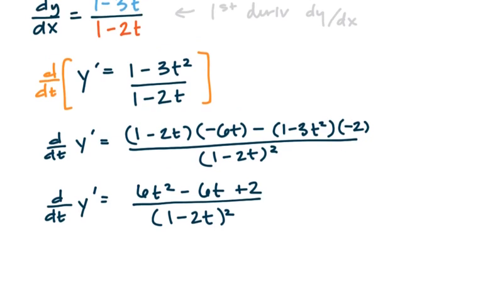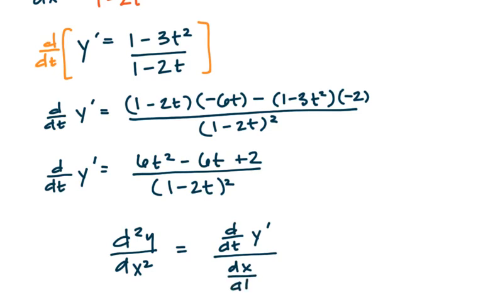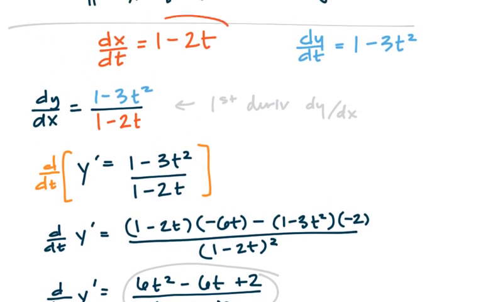But as we said in our previous slide, the definition here is that d2y dx squared is going to be the derivative with respect to t of y prime divided by dx dt. So what that means is I'm going to take this piece and divide it by my first derivative of x with respect to t, this 1 minus 2t.